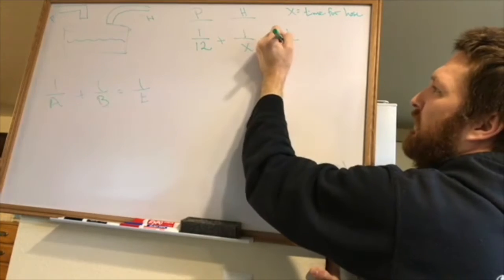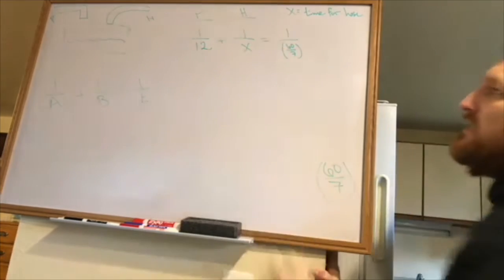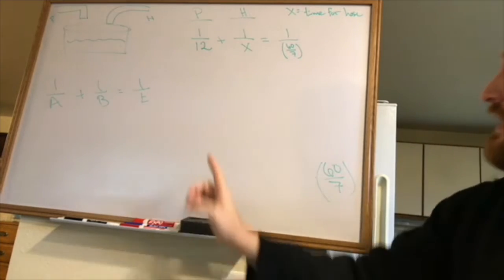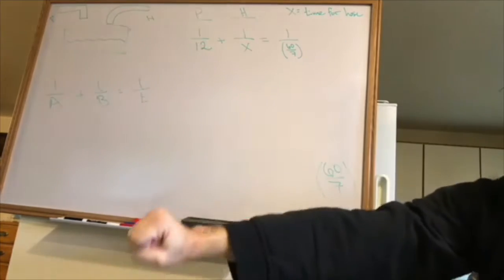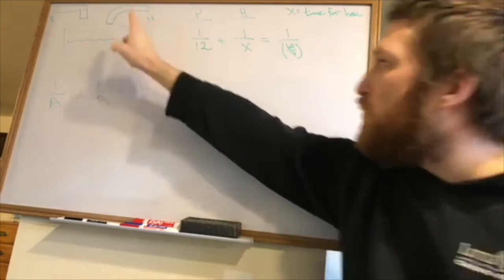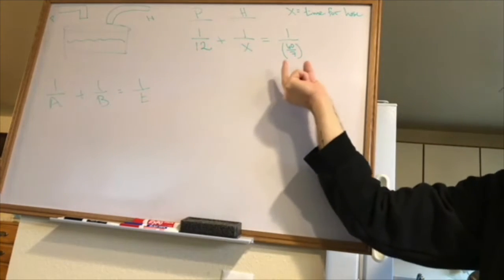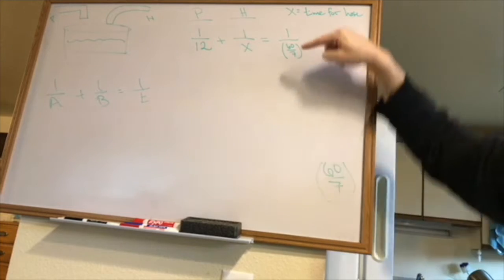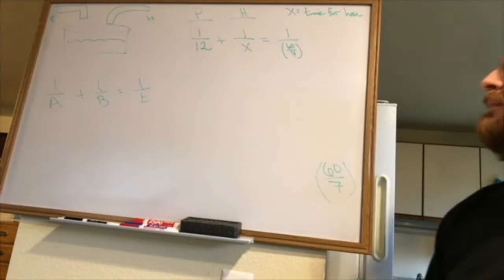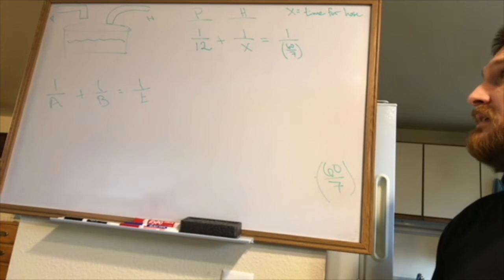Only now I'm going to write that as a fraction, 60/7. Let's just stop and see if this makes sense. This is the rate for the pipe to do it. This is the rate for the hose to do it. Add those rates together and we get a new rate. And that rate is one job divided by the amount of time it takes to do that job. I think that sounds good.